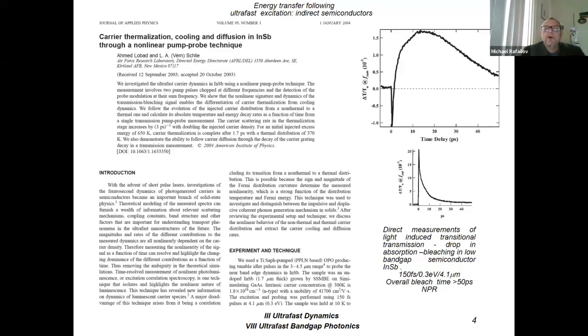So they go to 150 femtoseconds, at 4.1 microns. And they detected the overall bleach time is much more than 50 picoseconds at the measured time. It's a paper published 50 years ago.